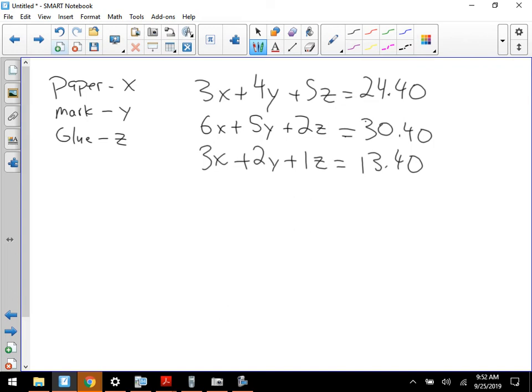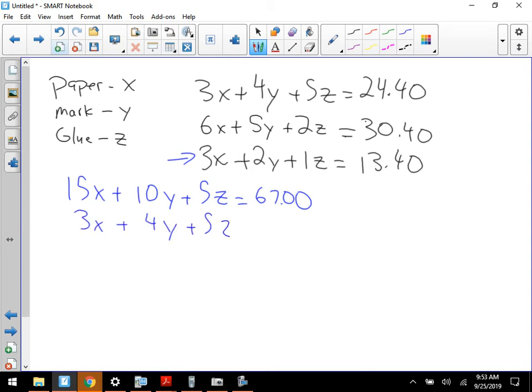I will take this third equation, and I'm going to multiply it by 5. I get 15x, 10y, 5z. Help me out. Okay, say 3x, 4y, 5z.